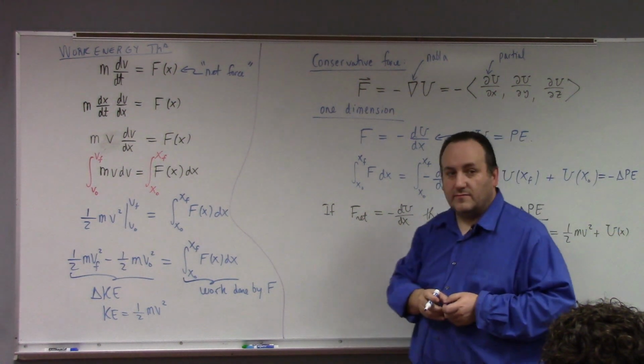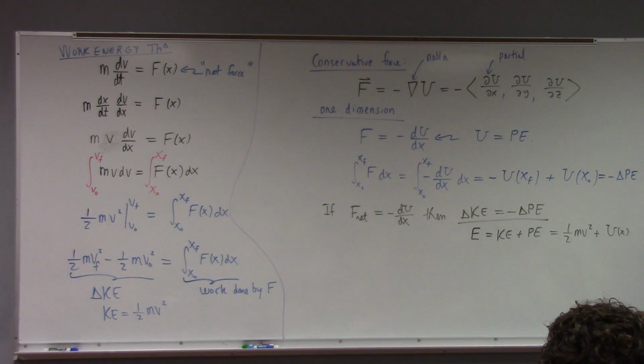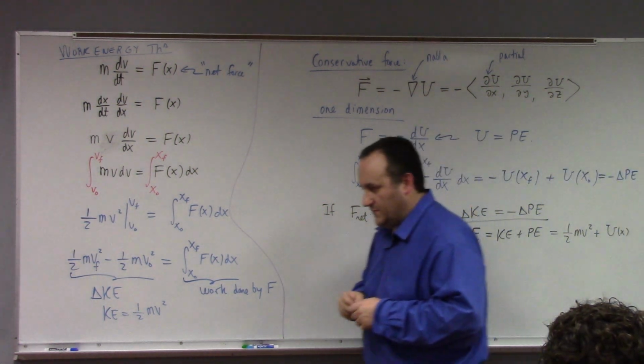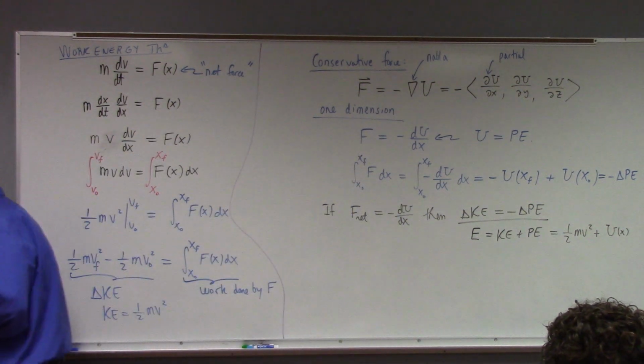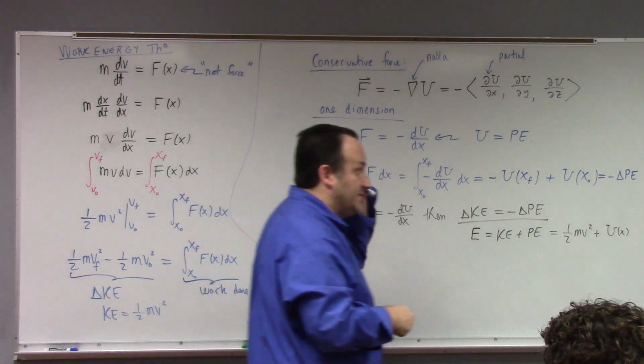We can rewrite that as m dv dt plus du dx equals 0. And then there's a beautiful trick which works in many contexts, which is to take the equation of motion and then multiply by the velocity.